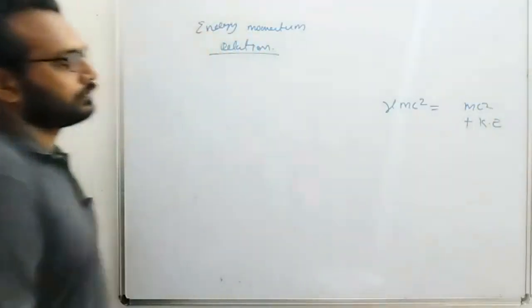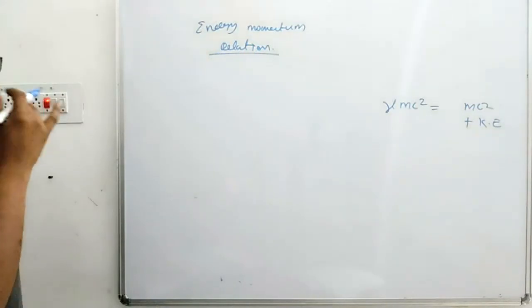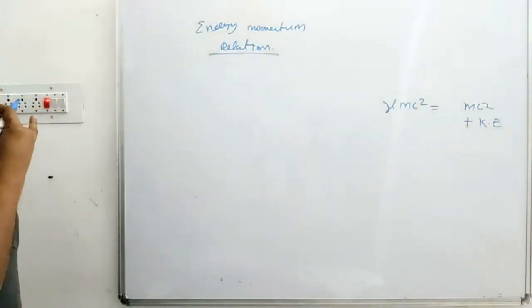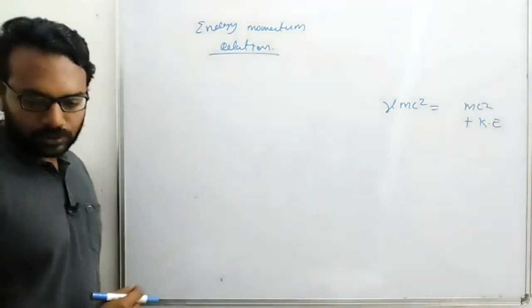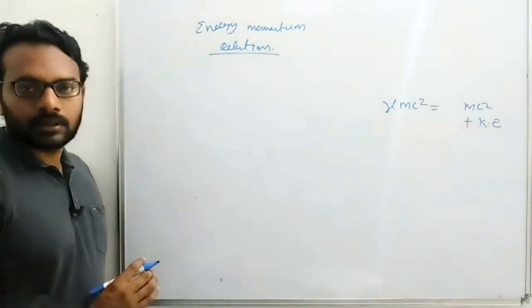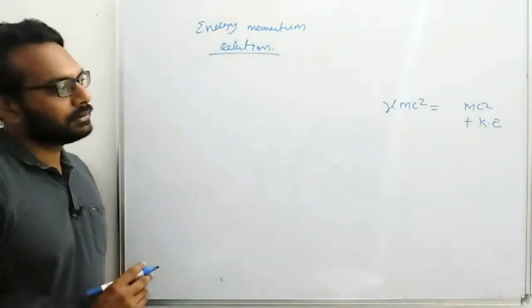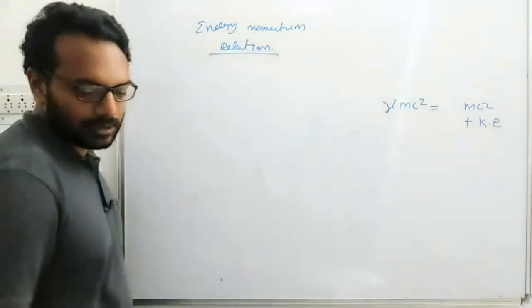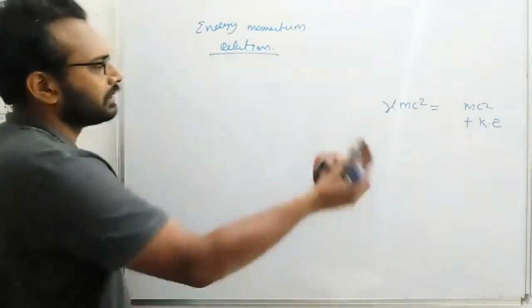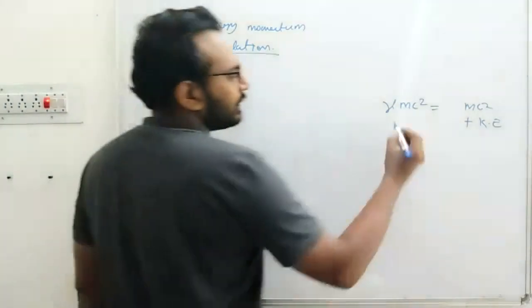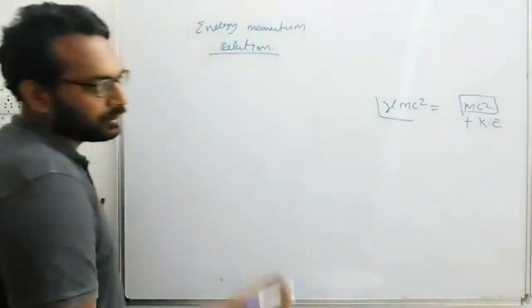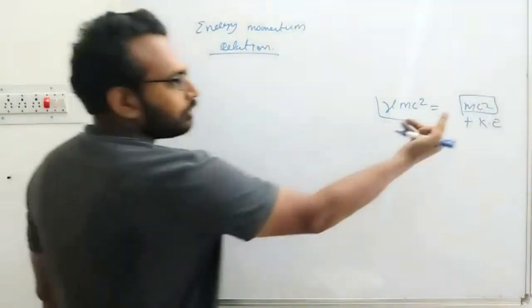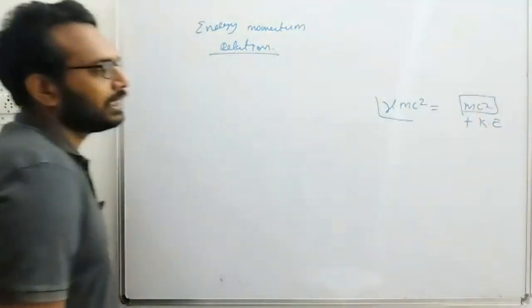Gamma mc square minus mc square gives you just the energy due to the movement. It can be asked, but it may not be useful except in problems, but you have to know this. The relativistic total energy includes this rest energy contribution also. So if you need the kinetic energy alone, you have to subtract the rest energy from the total energy.